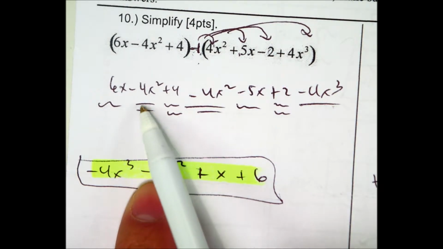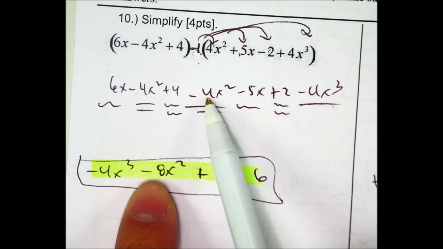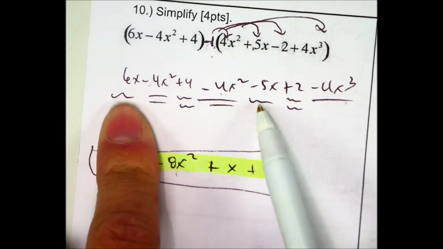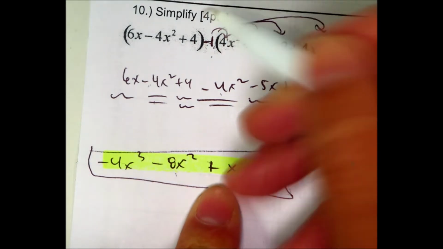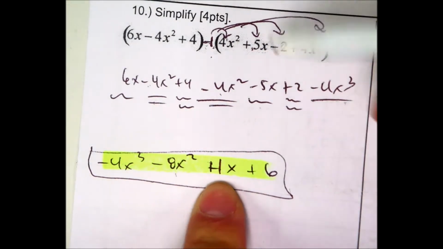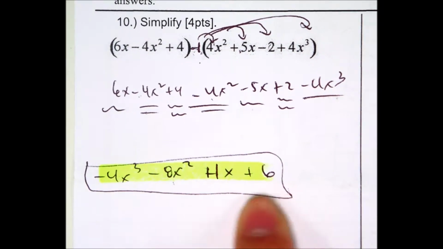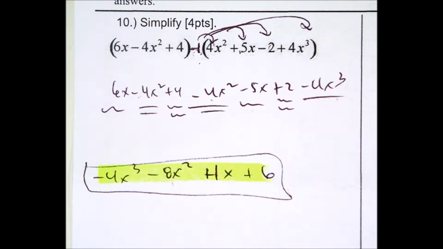Now I'm looking for powers of 2, so -4 and -4 will give me -8x squared. Positive 6x and a -5x gives me a positive 1x. And 4 plus 2 gives me 6. Okay, so for this problem, if you made one mistake, I took off a point. If you got something correct on there, I gave you 2 points. If you tried, I gave you 1 point.